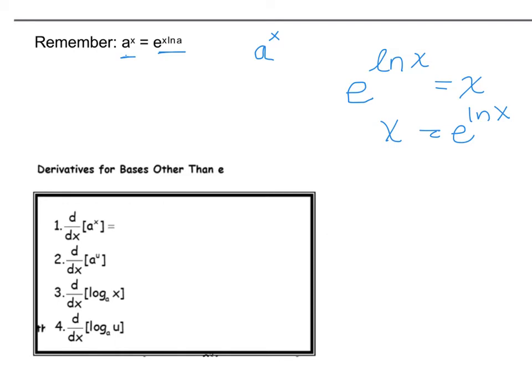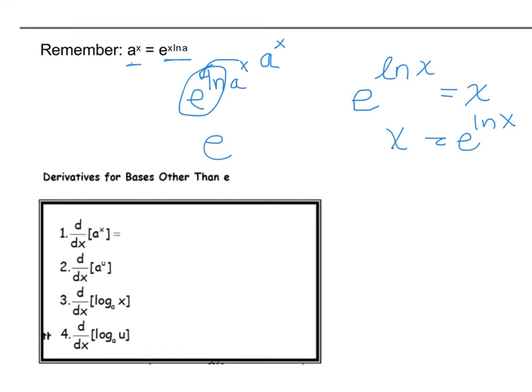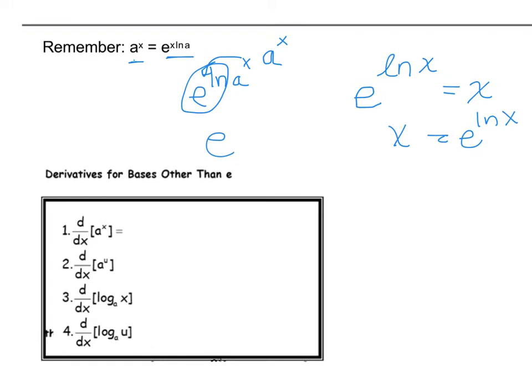All right, so let's do the same thing here. Let's say e to the natural log of a to the x. And then remember that our power rule says we can put the exponent in front. So we would have e to the x natural log of a.